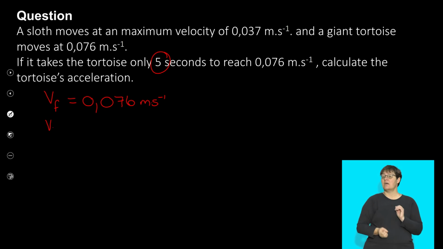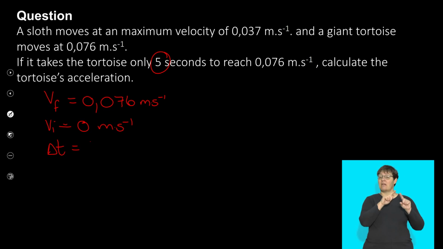Initial velocity is going to be 0. And the tortoise is much quicker. It only takes 5 seconds. Okay, so let's work out acceleration.